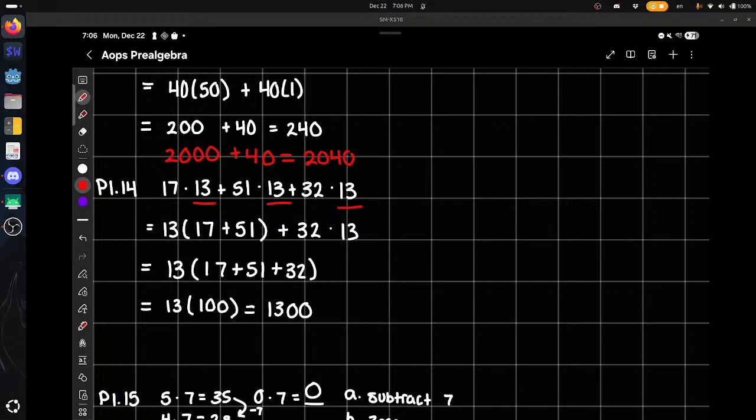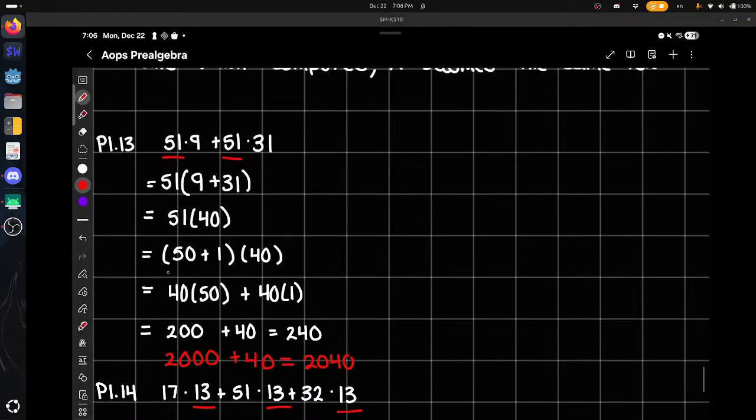Okay, the next problem. Oh wait, they go into more detail. So this technique that I did, I expanded the number. And then this is its factored form.